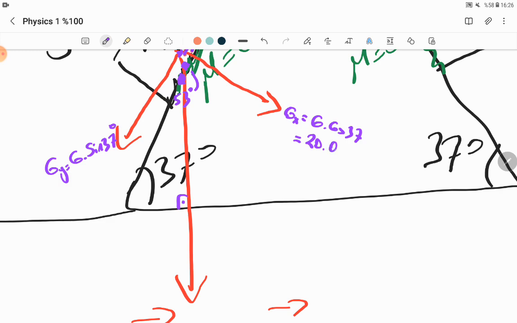Sin 53 equal to 0.8, and the value of the x projection of the gravitational force is 17 newtons, and this one is 20 multiplied by 0.6, and the y projection of the gravitational force is equal to this one.